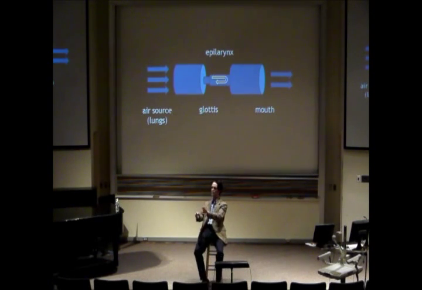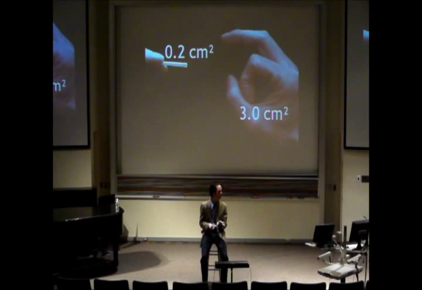Briefly, I wanted to show you an example of these areas that we're talking about. The epilarynx can be stretched as narrow as 0.2 square centimeters. That's the size of one of those small straws you've got. Tiny. To think about your voice coming through that, it kind of puts into perspective the importance of the vocal tract in tuning the voice.